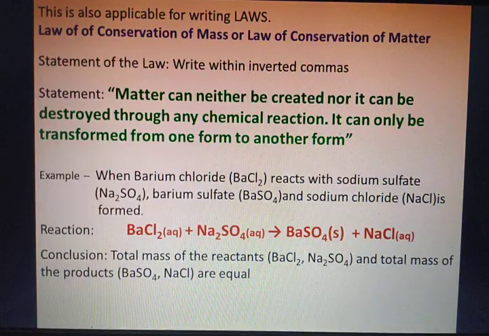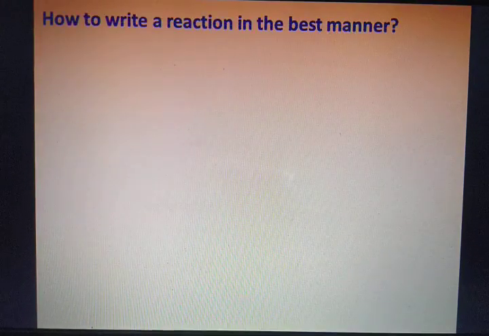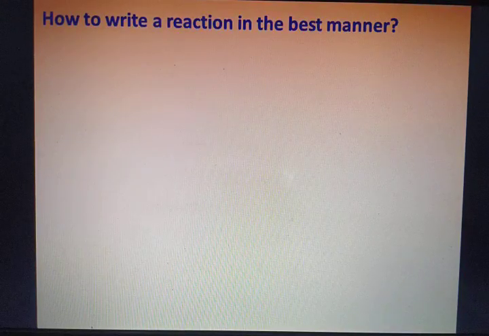Alright. Moving on to another question. How to write a reaction in the best manner, that means I will write a reaction and it will create a fantastic impression upon the examiners.